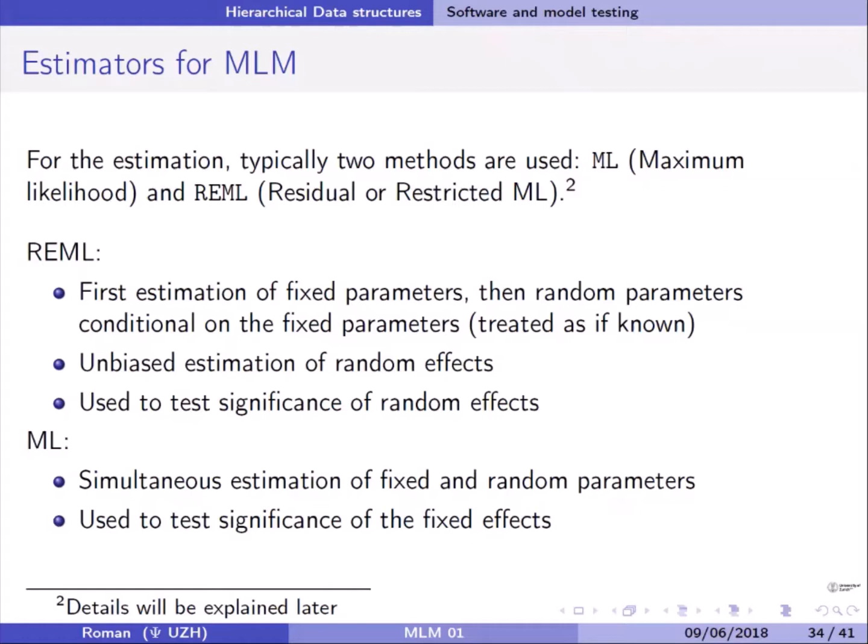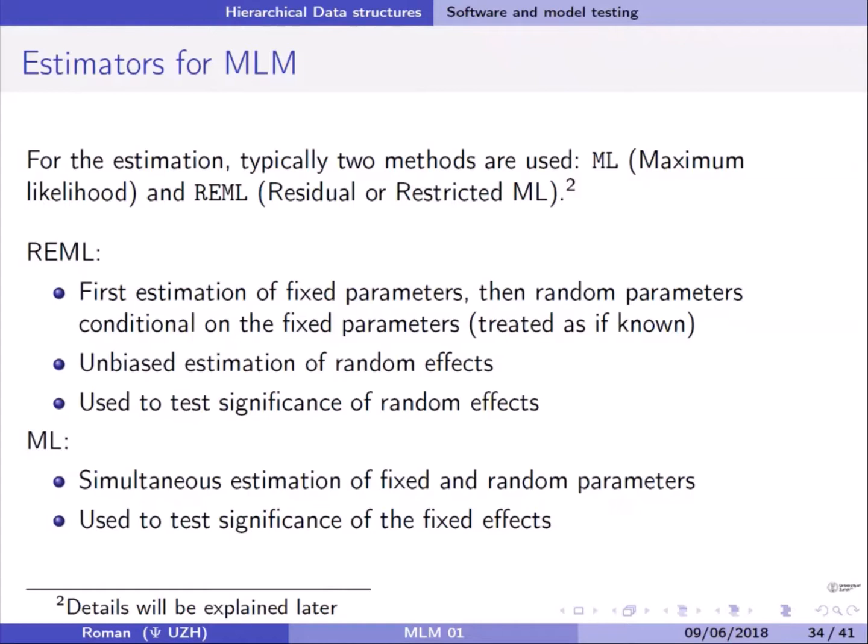All right, this brings us to estimation. Multilevel modeling has a little bit of complication in how we estimate our models. Typically, two methods will be used: maximum likelihood and REML, restricted maximum likelihood, sometimes called residual maximum likelihood. We'll talk in more detail there. In maximum likelihood, simultaneous estimation of fixed and random parameters will happen, and we will use this to test the significance of the fixed effects.